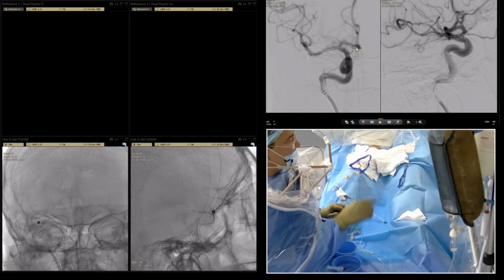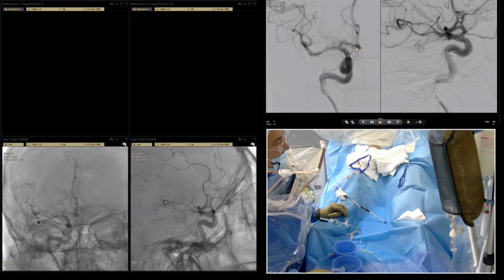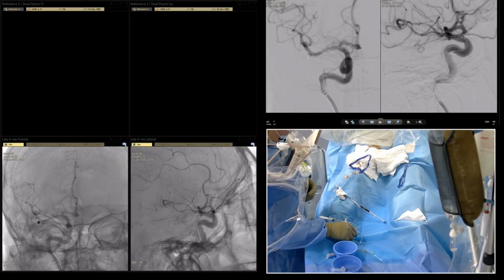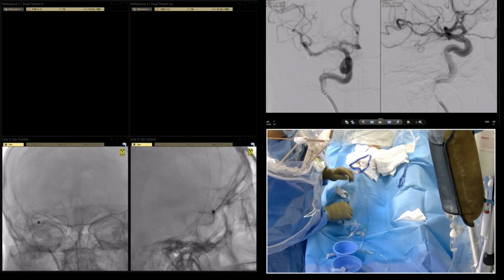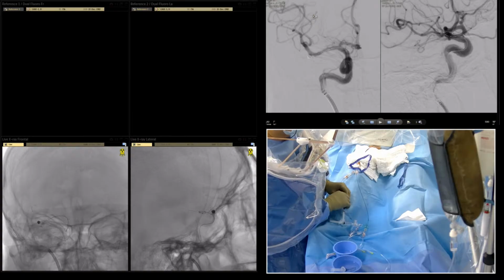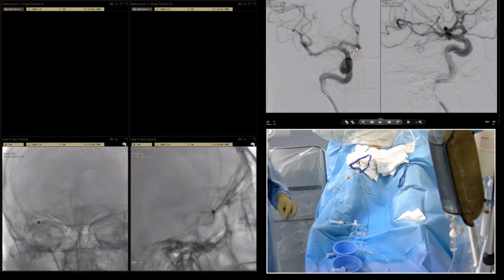Yes, it's at the opercular branch. It's right side. It will be okay. Okay. I think now we can take out the Headway a little bit. Enough muscles, good. Okay.